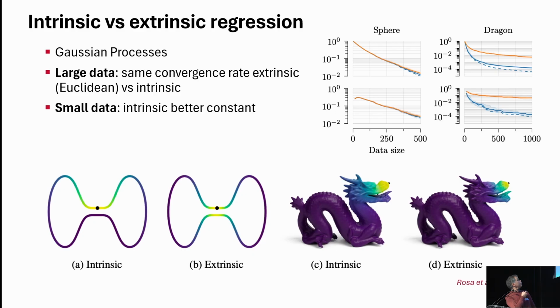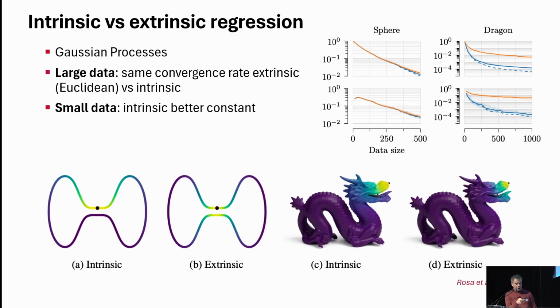So what you can do is to try to do the regression problem, so to interpolate intrinsically on the curve or on the surface, okay? So you don't leave the surface or the curve, or you do it extrinsically. So you embed your surface or curve in a higher dimension, the natural embedding space, R2 or R3, and then you do the interpolation in that space, okay?